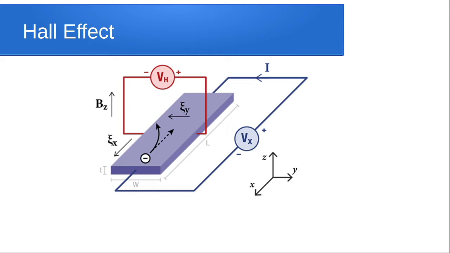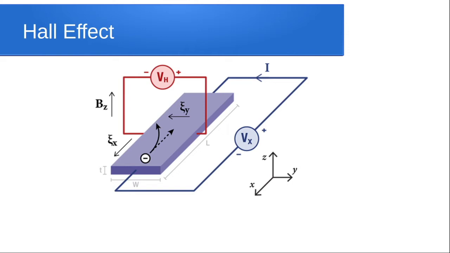Let's consider the electron carrier alone. Since the electric field is in the x direction as shown in the figure, the electrons are moving in the opposite direction.